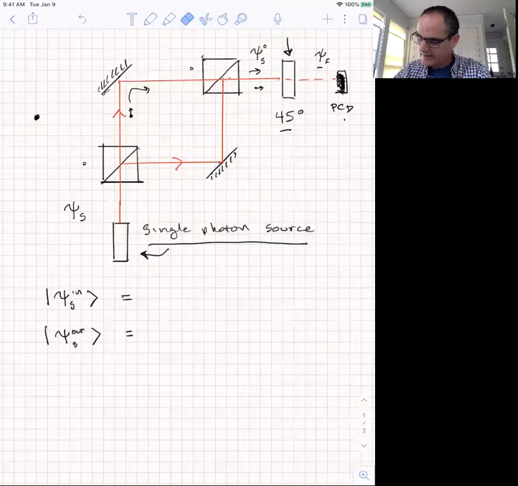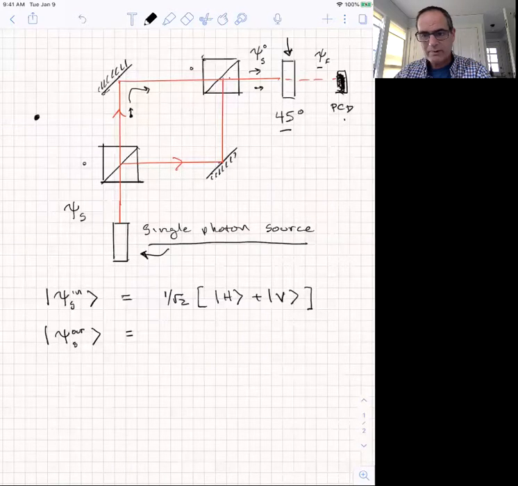And that state looks like this. It's an equal superposition of horizontal and vertical states.